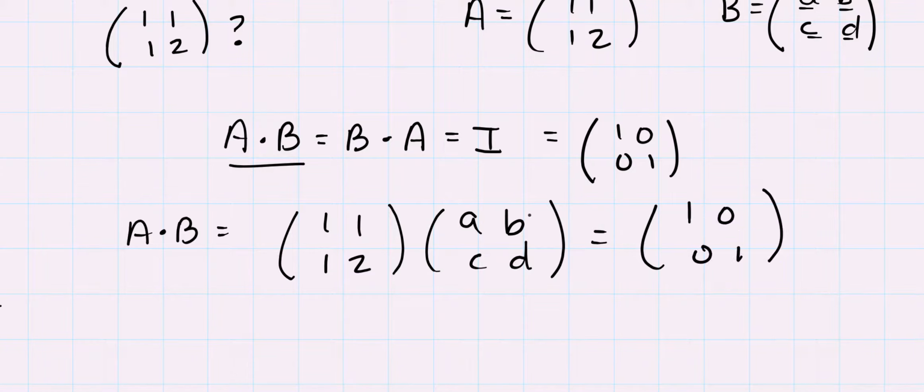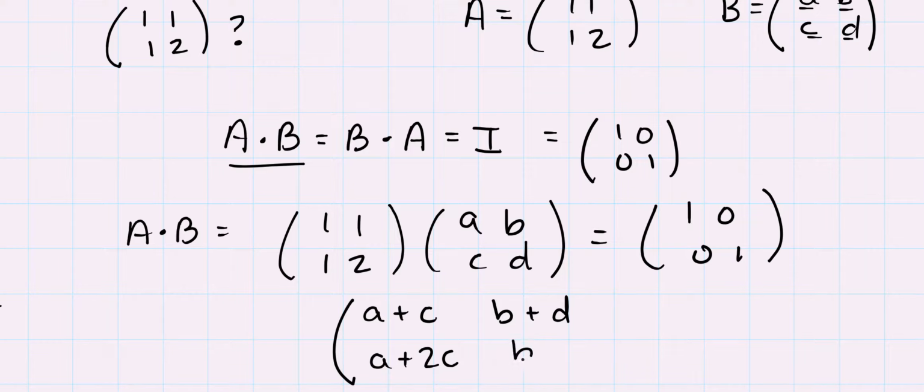So for the left-hand side of this equation, I'm going to calculate it and see what relationships between a, b, c, and d we need in order for it to be this identity matrix. Okay, so let's figure out the left-hand side. If we multiply these two matrices, we get a plus c, b plus d, a plus 2c, and b plus 2d. This is going to equal 1, 0, 0, 1.